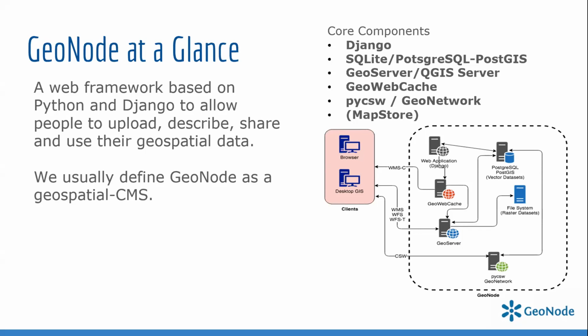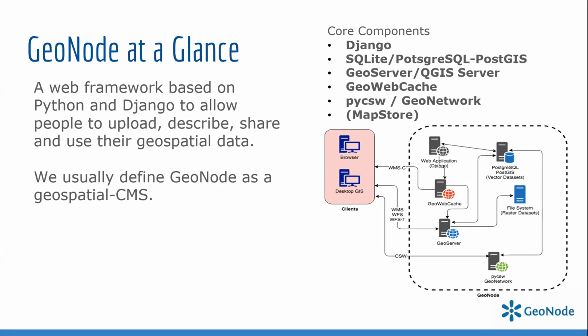So what is GeoNode? GeoNode is a web framework based on Python and Django that allow people to basically easily upload and describe and share their geospatial datasets. We usually define GeoNode as a geospatial content management system.